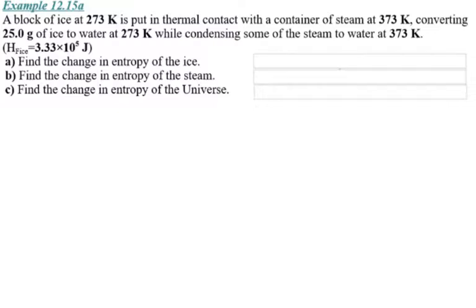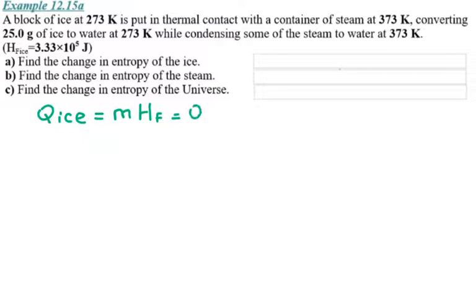So find the change in entropy of the ice and the change of entropy of the steam, and then find the change of entropy of the universe. At first I'm going to calculate the heat needed to melt that amount of ice. So I have the mass of ice that is going to be melted and the latent heat of fusion.